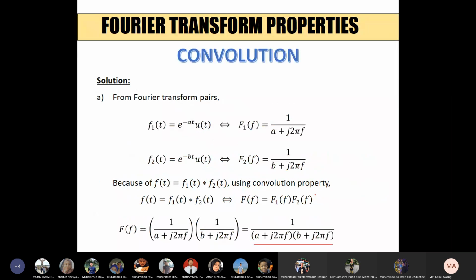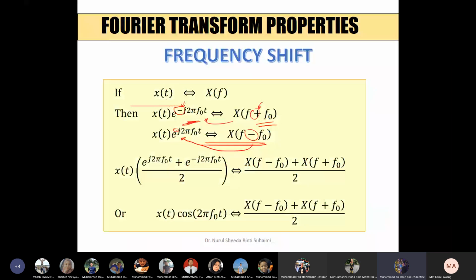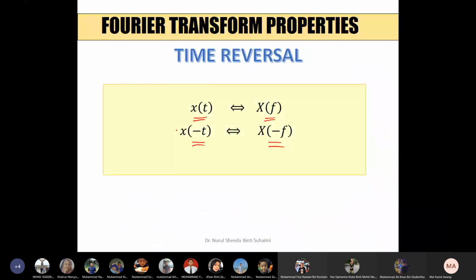So first part, from the Fourier transform pairs, you look at the table. e to the minus a t u of t is transformed into this. Let's go back to the tables.